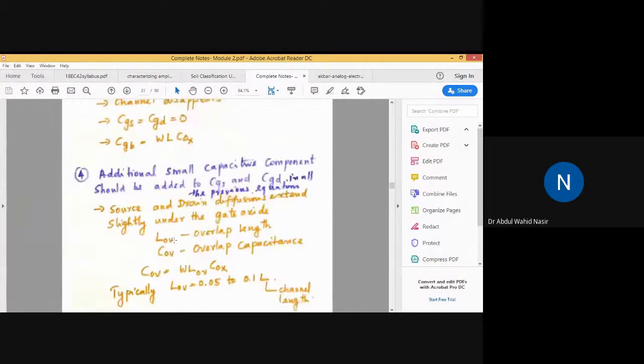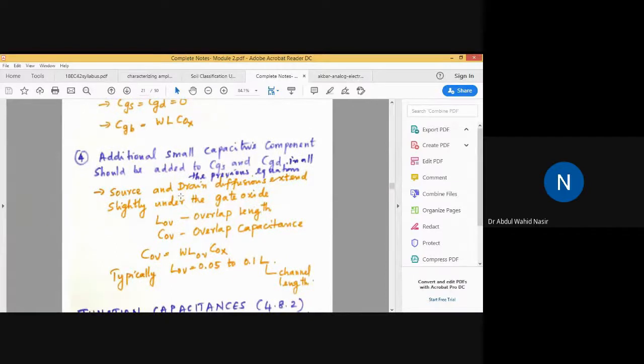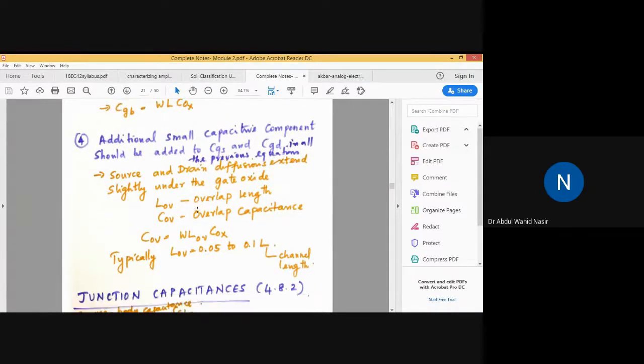The reason is clear. The source and drain diffusion extended slightly under the gate oxide, that I have already explained. So LOV is the overlap length. Due to this LOV, you will have a capacitance due to this overlap. That is called the overlap capacitance, COV, whose value is given as COV is equal to W into LOV into COX.